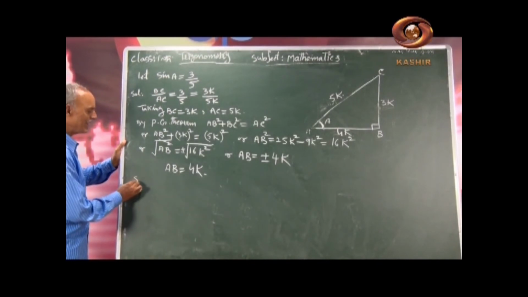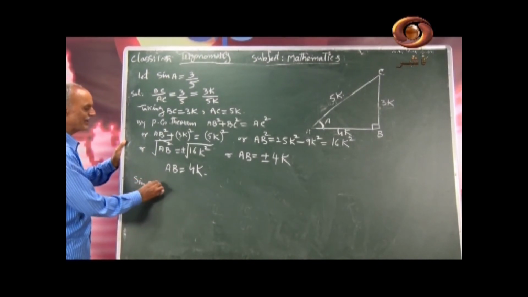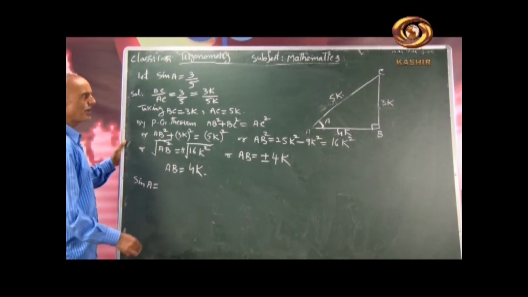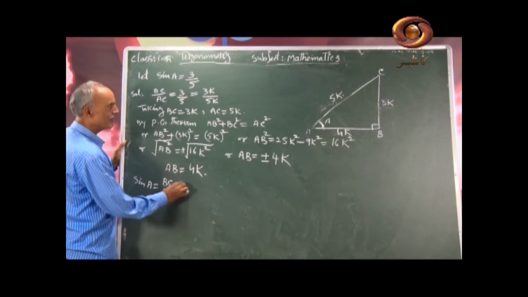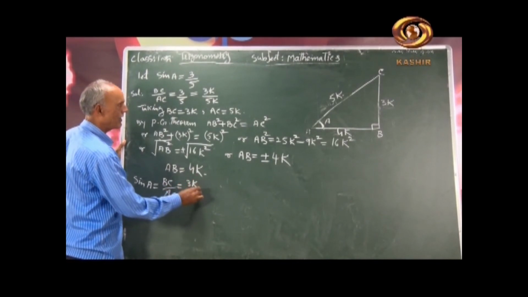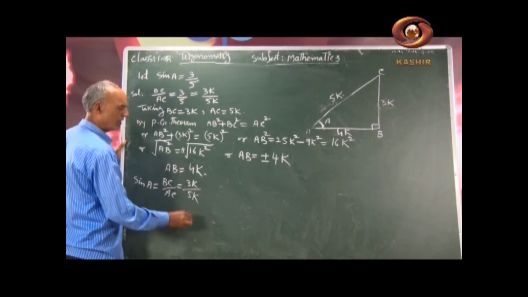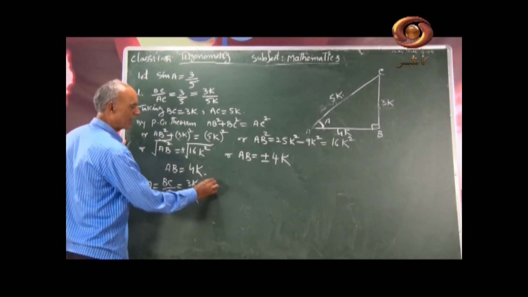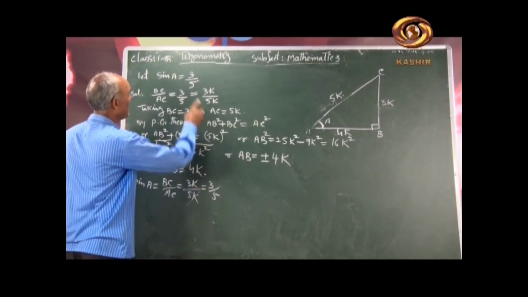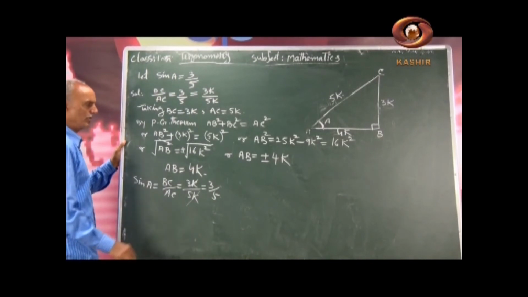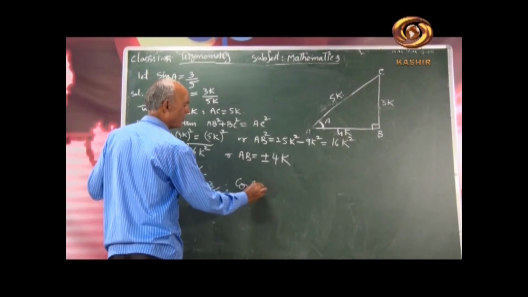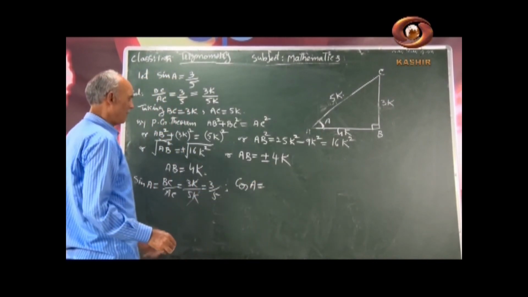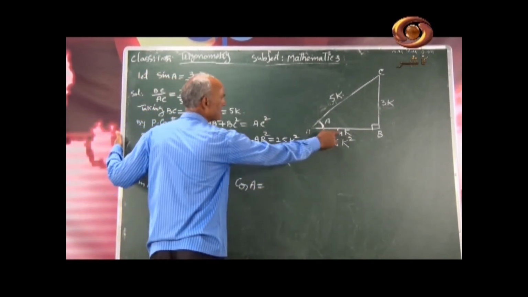Then we can calculate sin A means perpendicular by hypotenuse, which is BC by AC, that is 3k divided by 5k. So k will cancel out, we will get 3/5, जो पहले ही दिया हुआ हमारे पास, दोबारा ढूंढने की जरूरत नहीं थी. अब cos A की बात है. Cos A means base by hypotenuse.